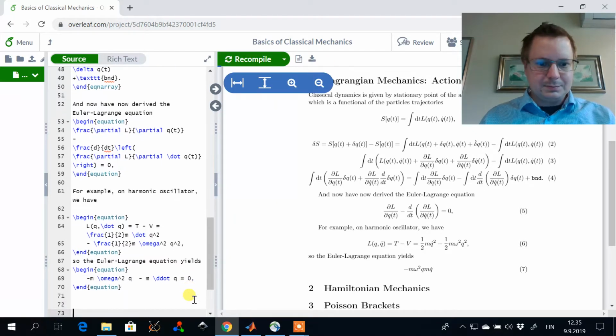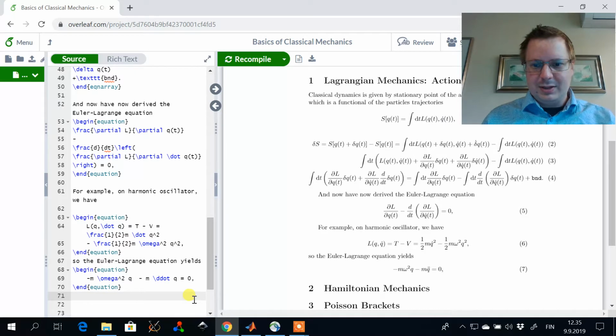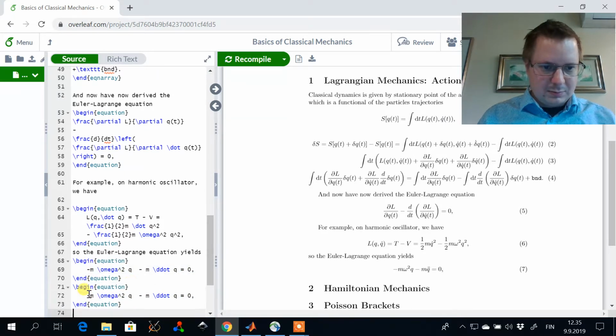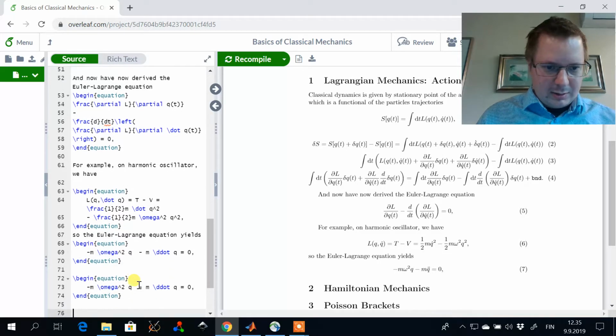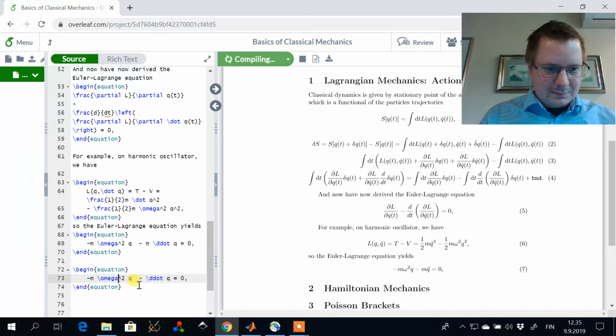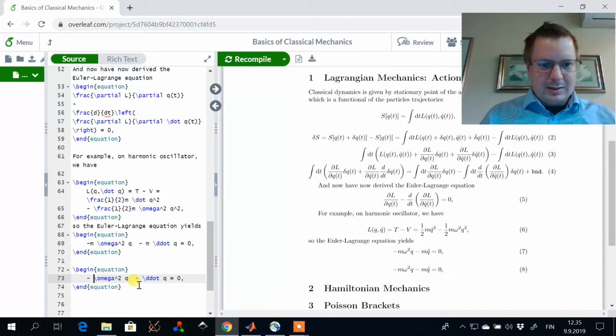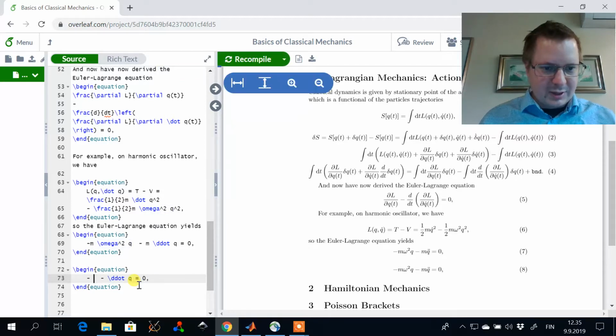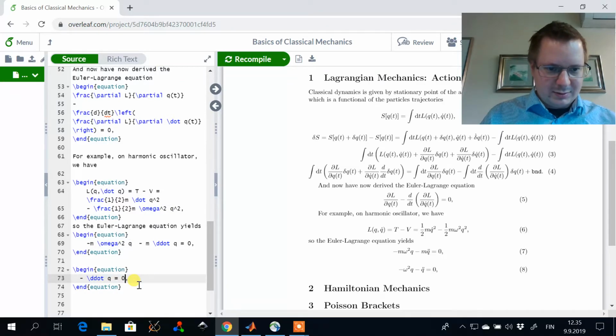And then we can reshape this equation a little bit. So let's divide it by m, and let's move this term to the right-hand side. So it was with minus, so it will go to plus, and then let's put this minus here.